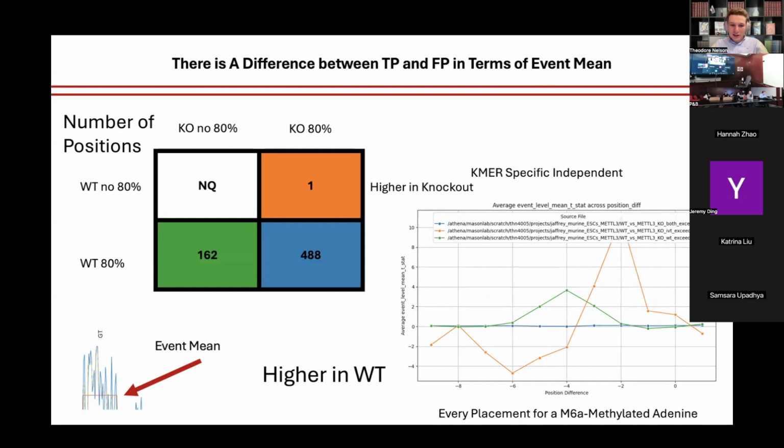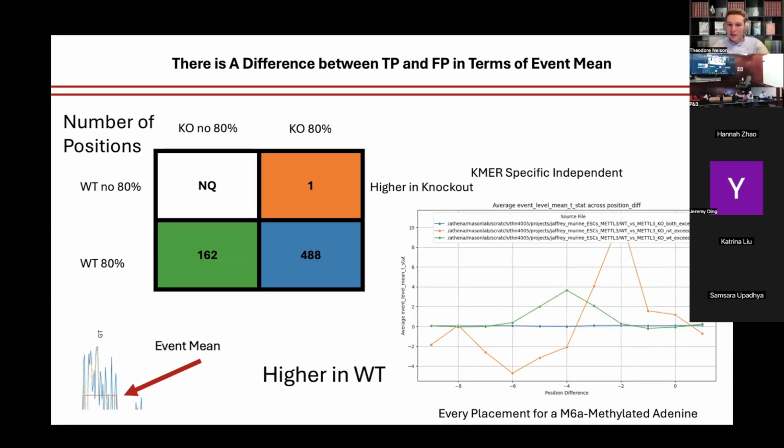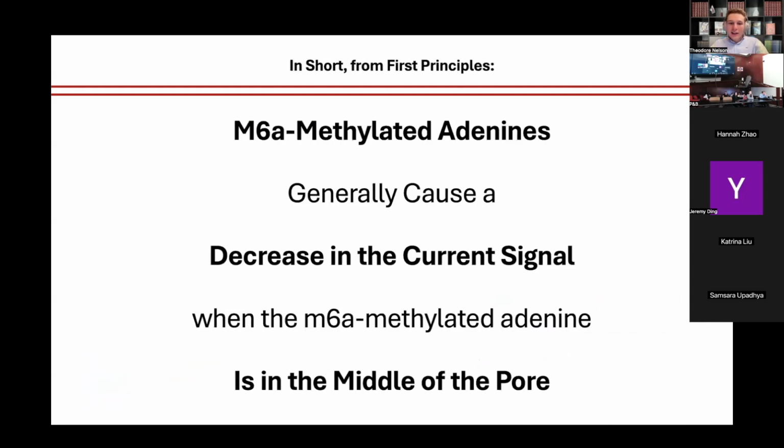If you look at the event mean a different way, this here is the p-value difference, which just says that there's a change. And if you look at the actual mean there, you can see that it's higher in knockout.